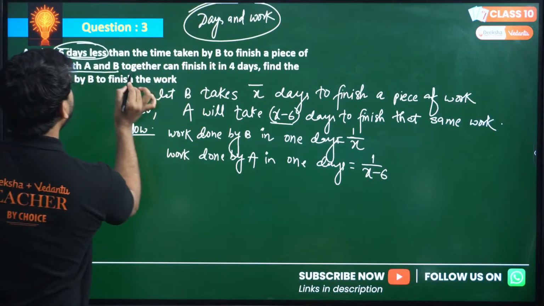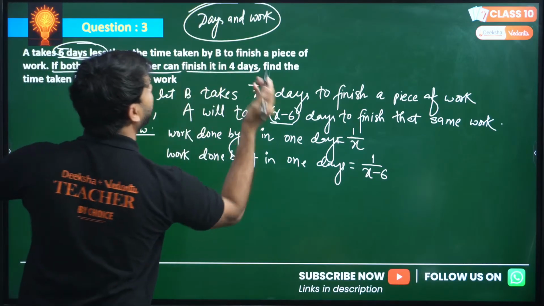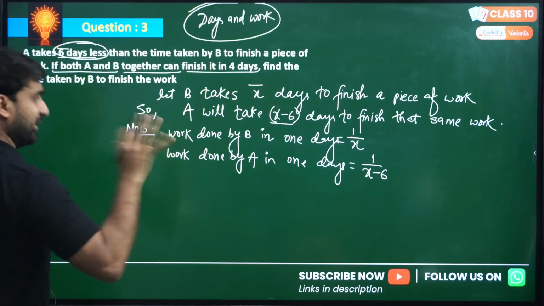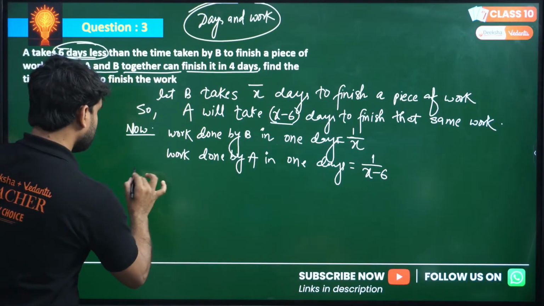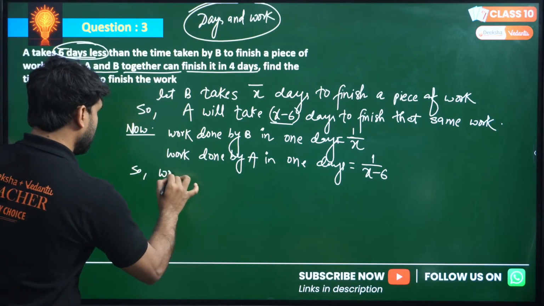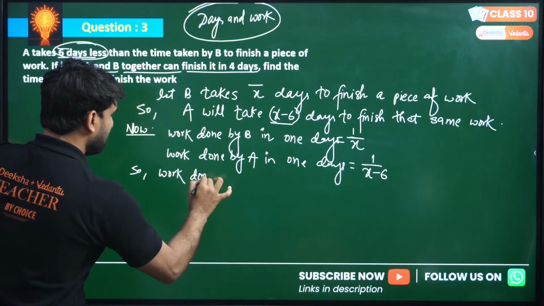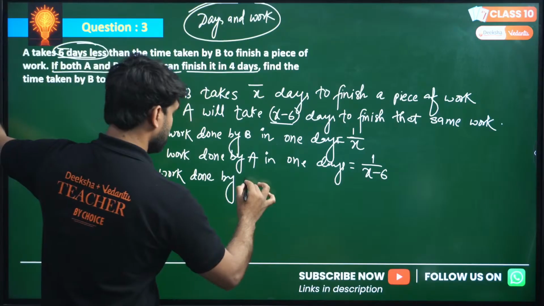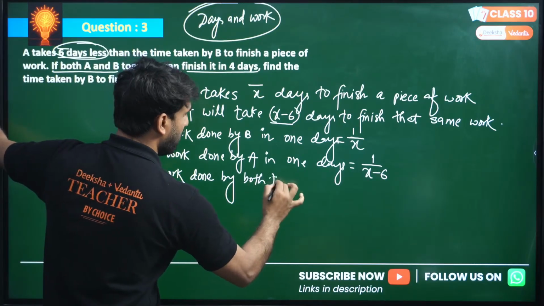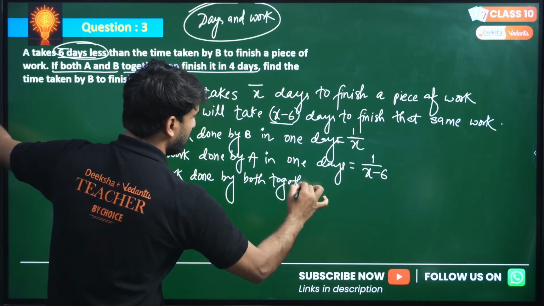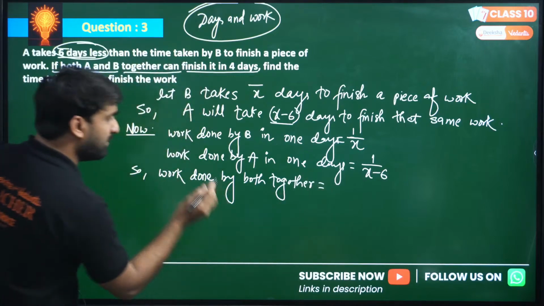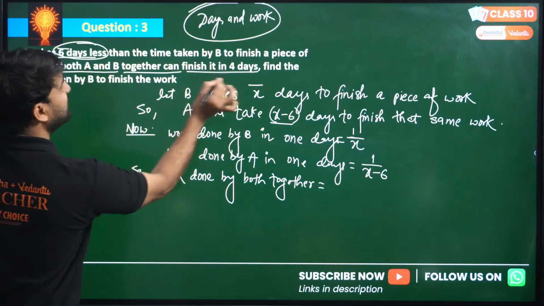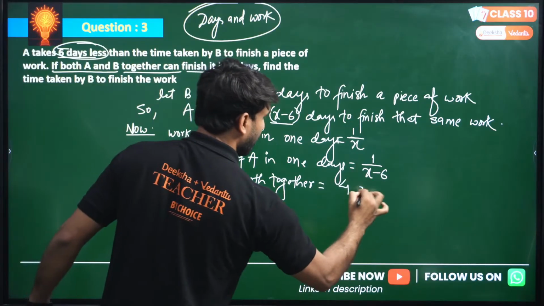If both A and B together can finish it in 4 days, find the time taken. Very good. So, work done by both together, how many days is there? 4 days. Very good.